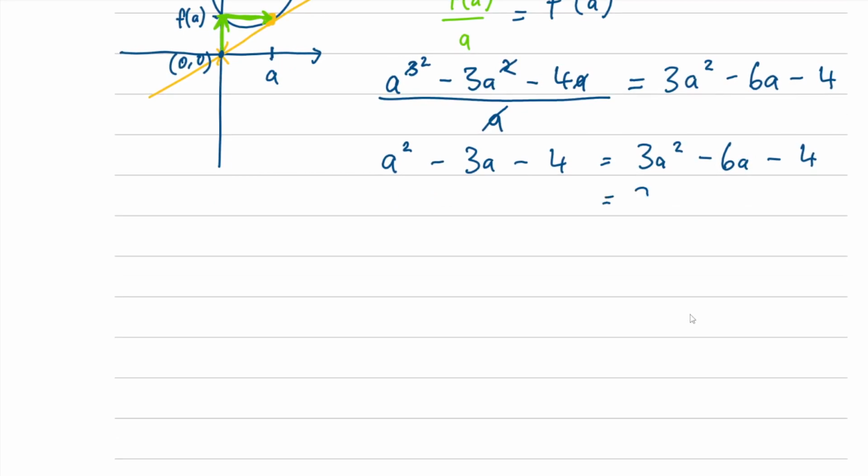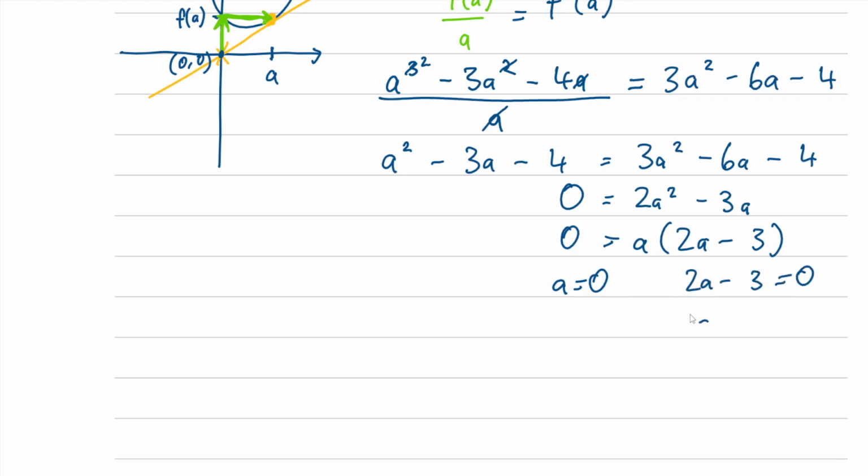So what's that? 2a squared minus 3a plus 0 is equal to 0. And so solving, we'll factorize a, so a times 2a minus 3. So for this product to equal 0, either a equals 0 or 2a minus 3 equals 0. So a equals 3 over 2.